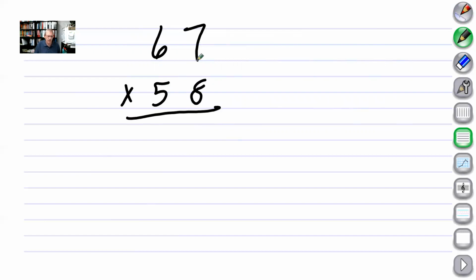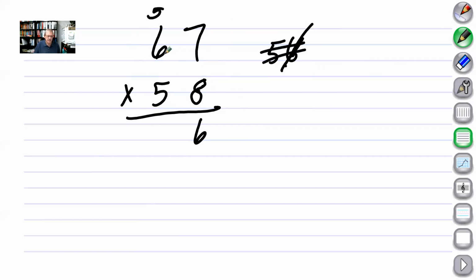Okay, when we multiply a two-digit number times a two-digit number, we're going to start with the 8. 8 times 7, 56. We're going to write the 6 down and carry the 5. Put that up there. Okay, so that makes it a little confusing because you're doing multiplication and then you're going to do addition. But I like to jot the number down.